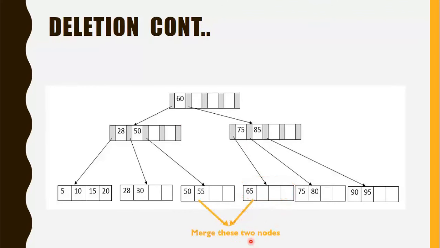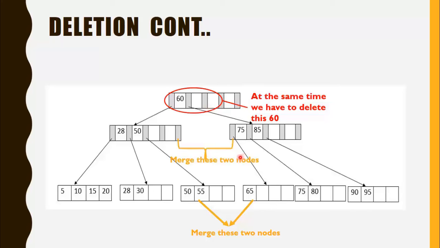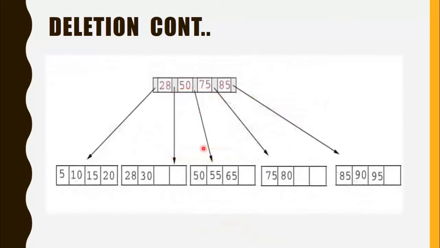Now we have to merge these two nodes, and as 60 is present here, we have to remove this node also. If we remove this node, then we have to merge these two nodes. If we do so, then at last our tree will look like this. This is our final tree after deletion. This is our final B plus tree.